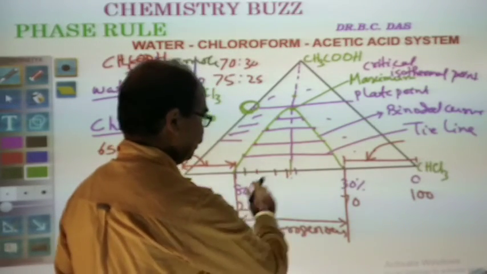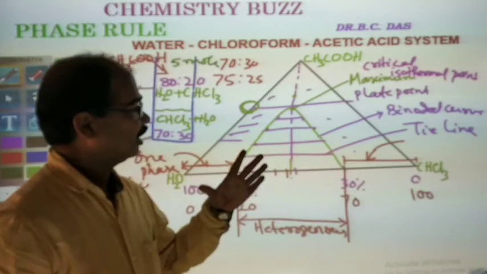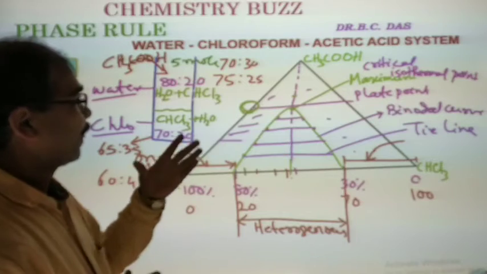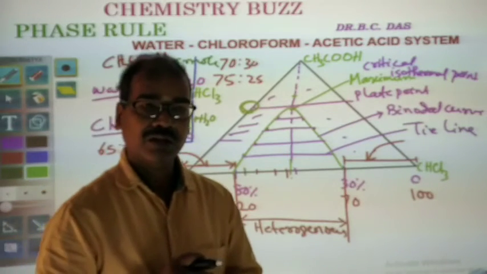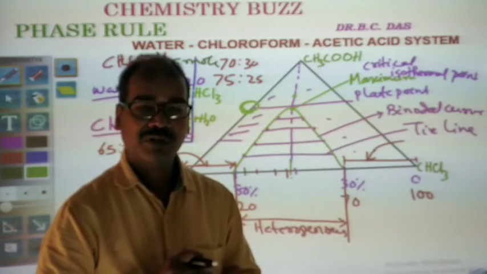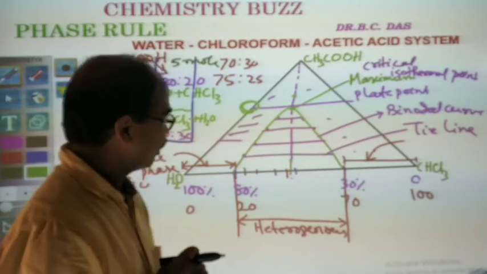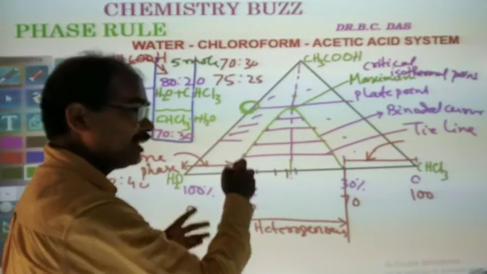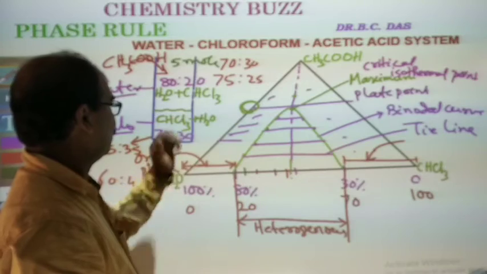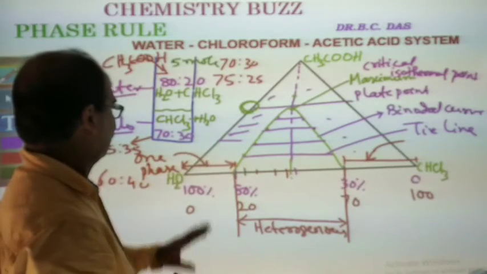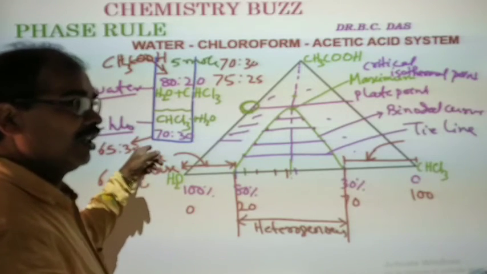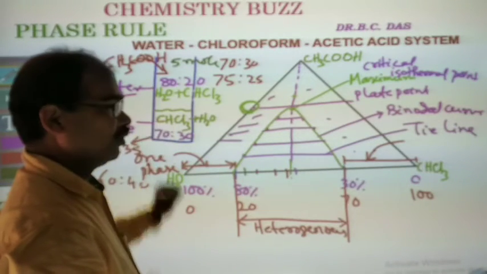Okay, so in this way we learn the effect of acetic acid on the partial miscibility of water and chloroform. So acetic acid increases the partial miscibility of water and chloroform, so that when the ratio of the water layer and chloroform layer becomes the same, it becomes homogeneous.